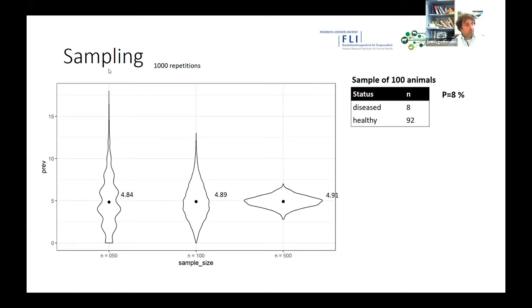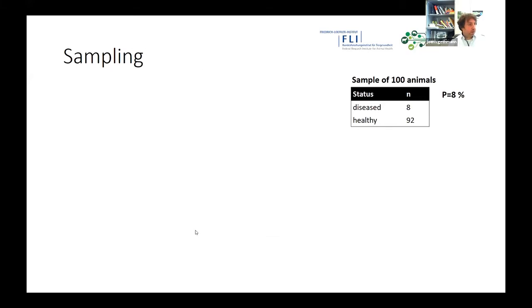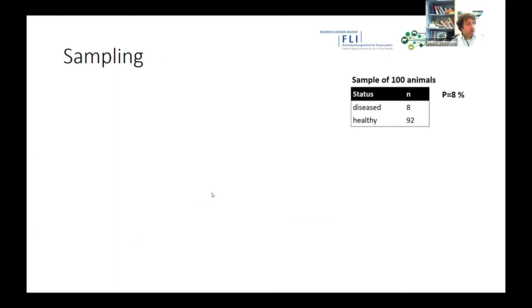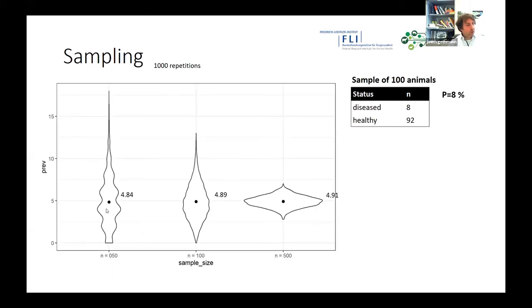I ran this sample 1,000 times, and always I selected a different number of animals out of the population, and then I checked how many positives and negatives are in this sample.